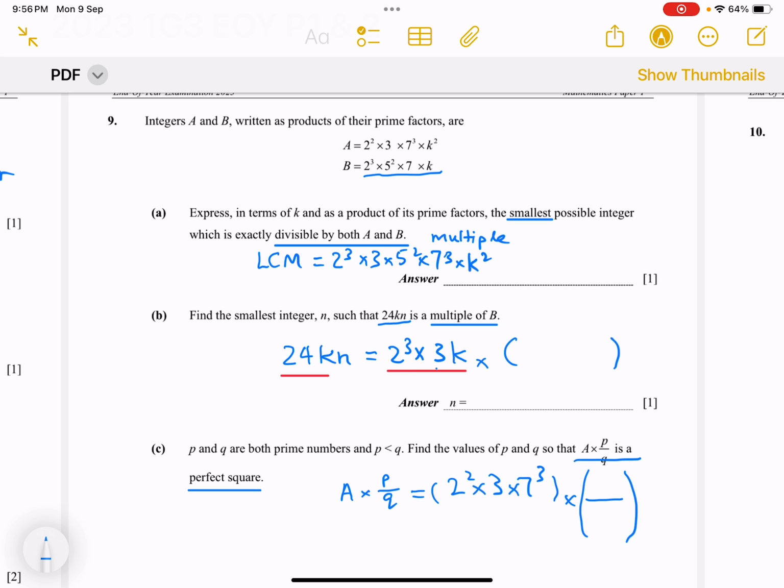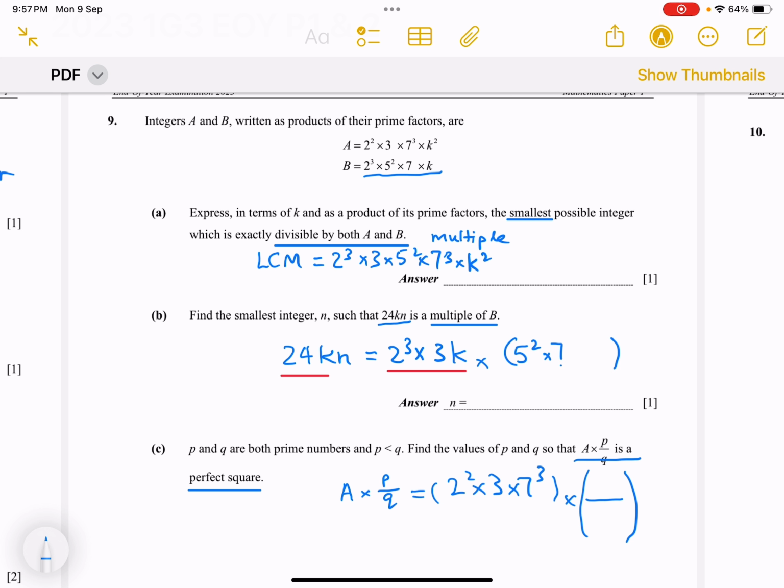But do we have 5 squared? Now, if it's a multiple of b, it should also contain the factors of b. So we need to put in a 5 squared if it has to be a multiple of b. So now it has 2 cubed, it has 5 squared, but does it have 7? No. So we have to include 7, because b has 7.